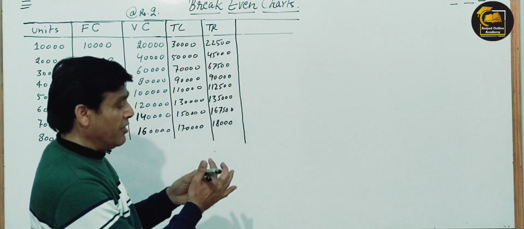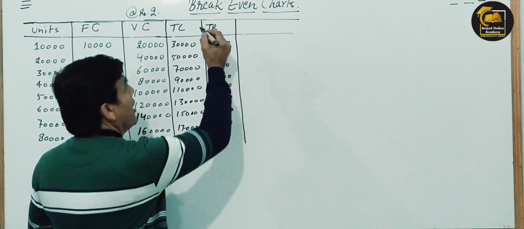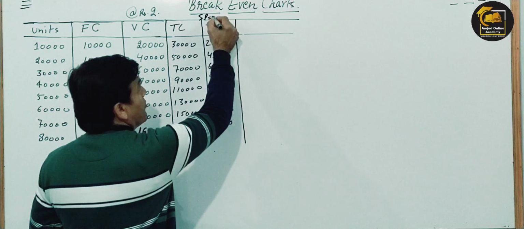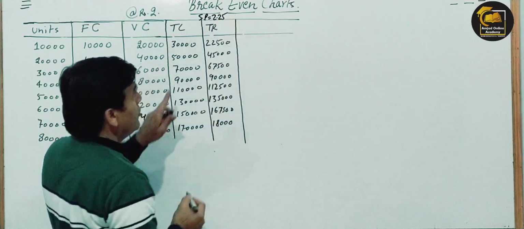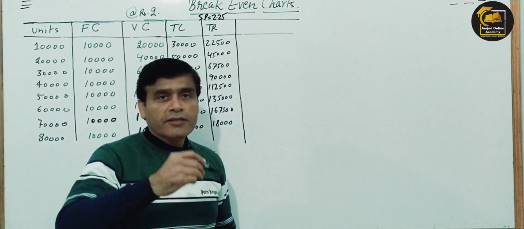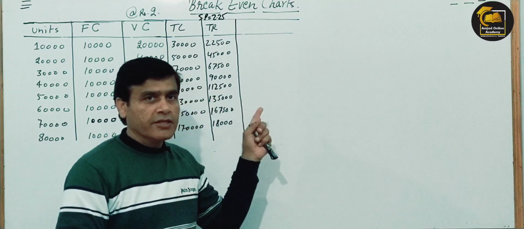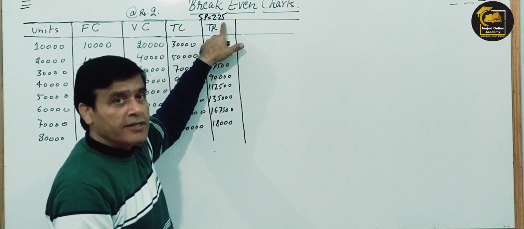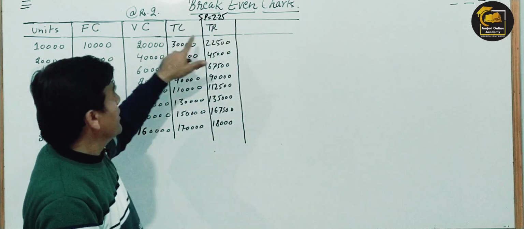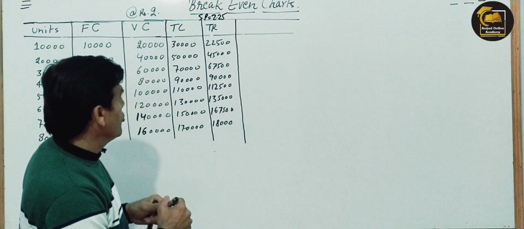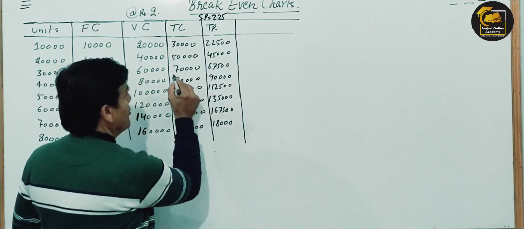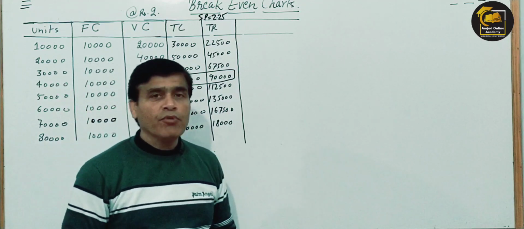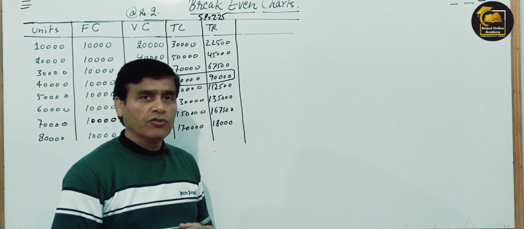The total revenue, TR, we found by multiplying the selling price, which was given in the illustration as 2.25 rupees per unit, by the number of units. I told you in the previous video that we achieve our break-even point at the production of 40,000 units.